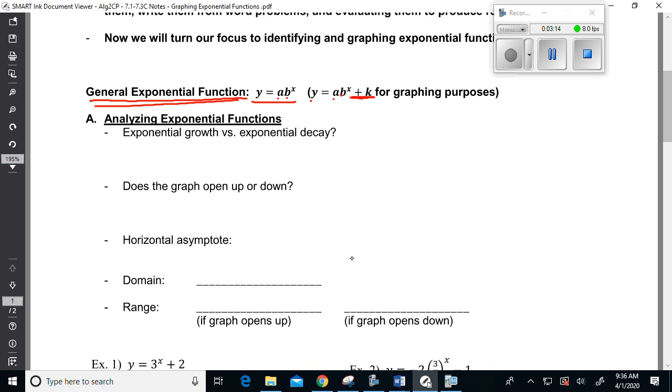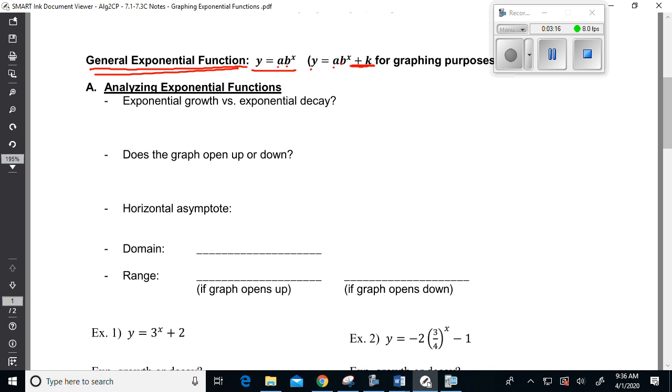As far as analyzing an exponential function, there are five parts that we will look at. First off, exponential growth versus exponential decay. Those rules don't change.